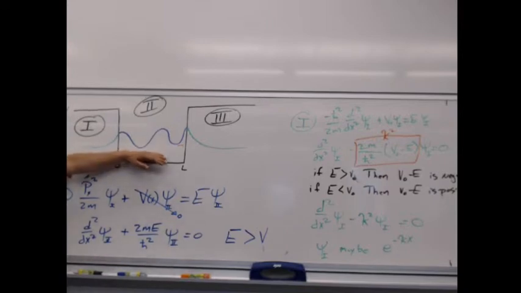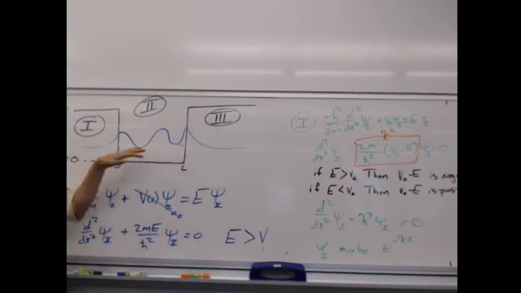The answers inside the well are going to look very similar to what we've done with particle in a box. Sorry, the answers inside the well, inside, where I'm pointing, not what I'm thinking in my brain. The answers outside the well are going to have this weird exponential decay term.